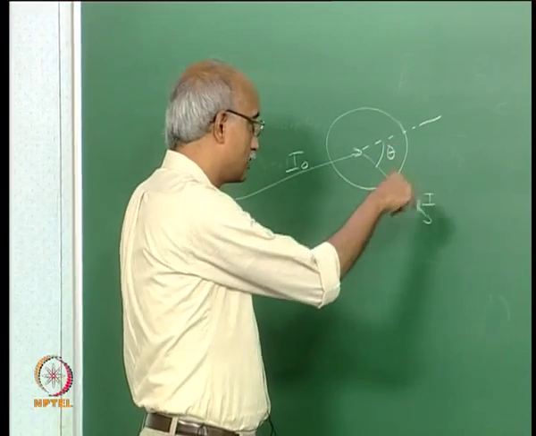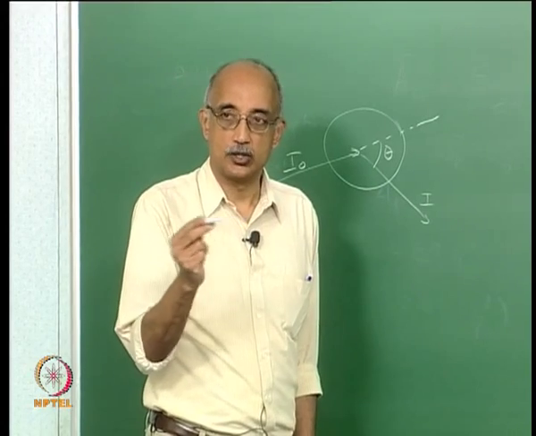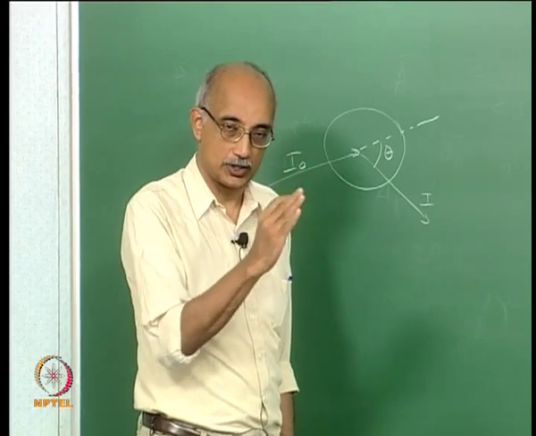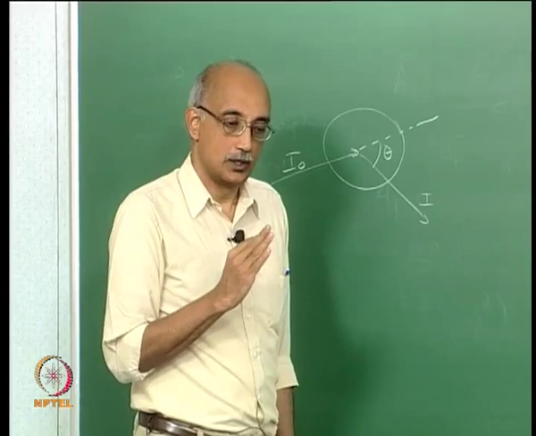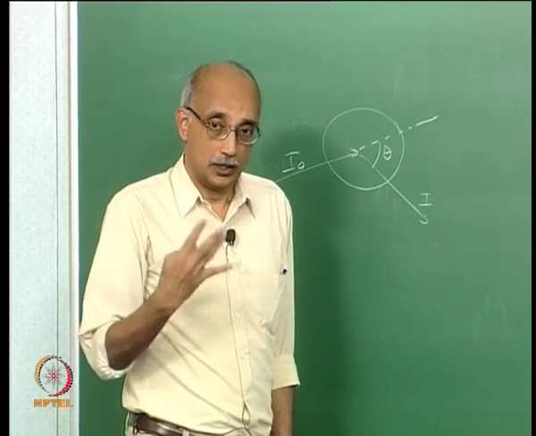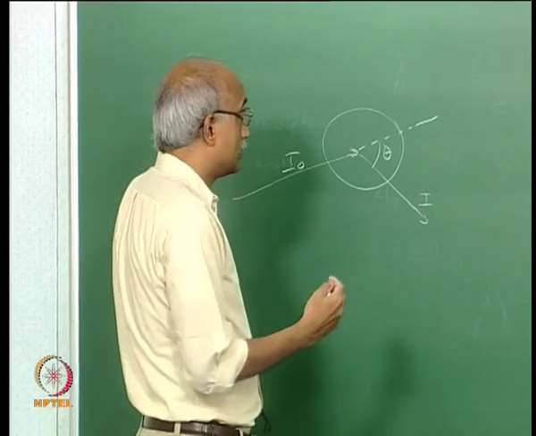Basically, the scattered light intensity will vary depending on the value theta. So, it depends on where you measure it, at what angle theta you measure scattering intensity, you will get a different answer.